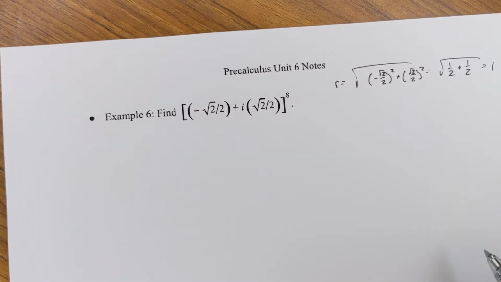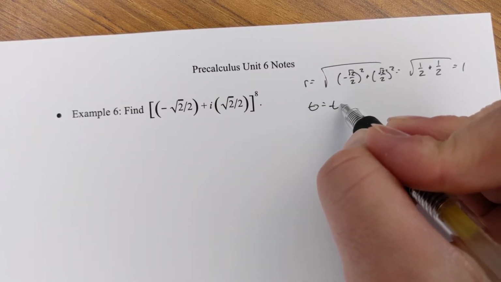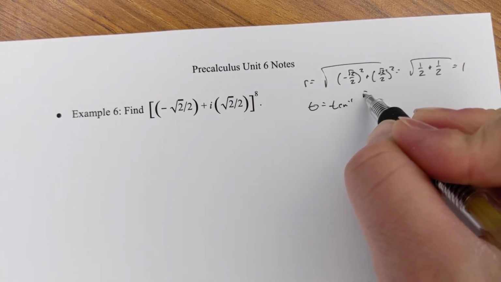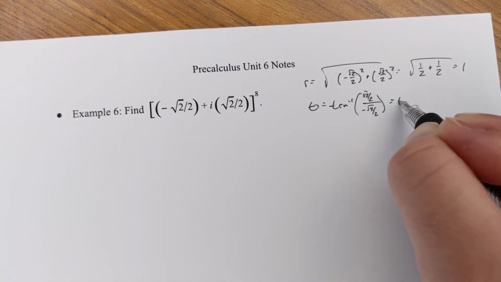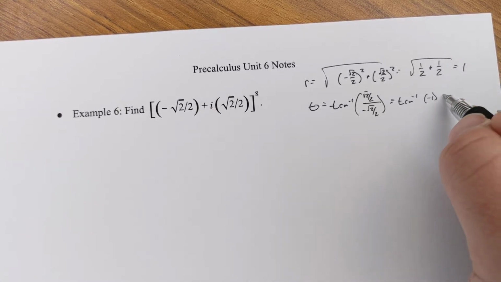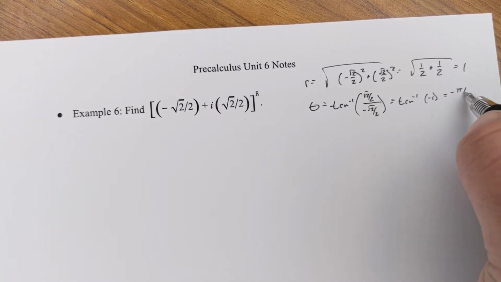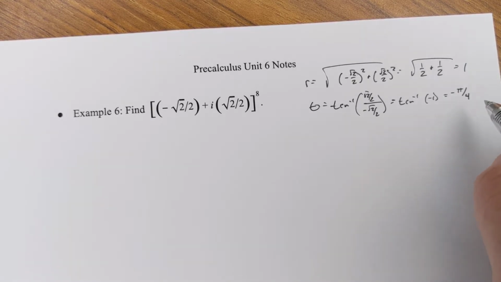So all this is just 1. Theta is the inverse tangent of root 2 over 2 over negative root 2 over 2, which is the inverse tangent of negative 1, which is, for your calculator, negative pi over 4. But this angle should be in the second quadrant, so we'll make it 3 pi over 4.